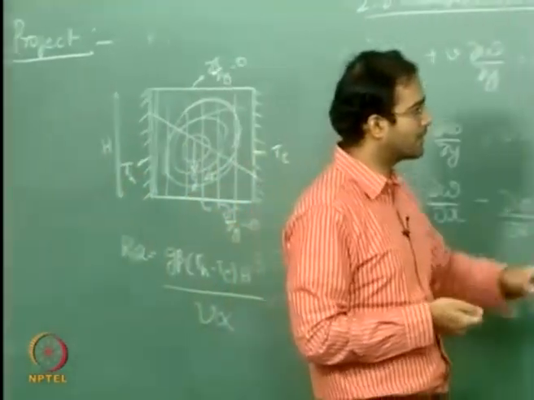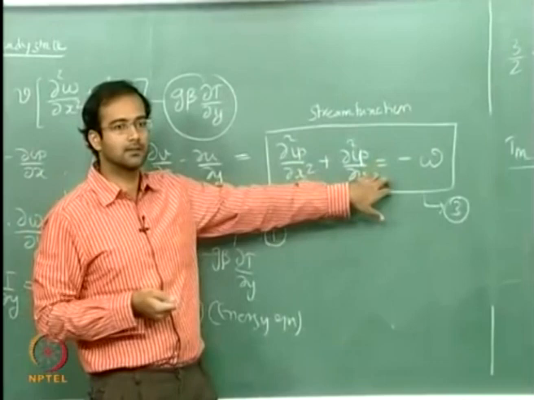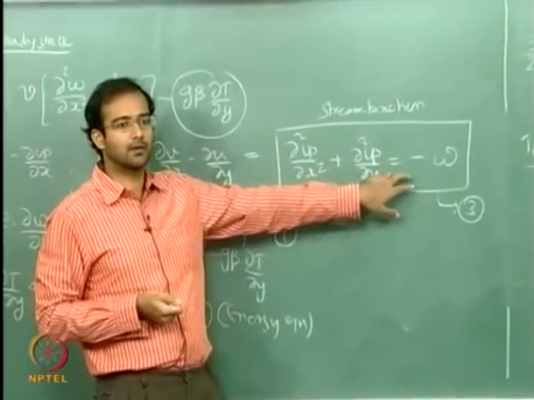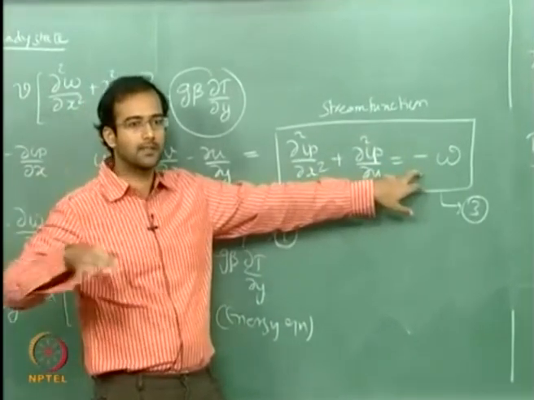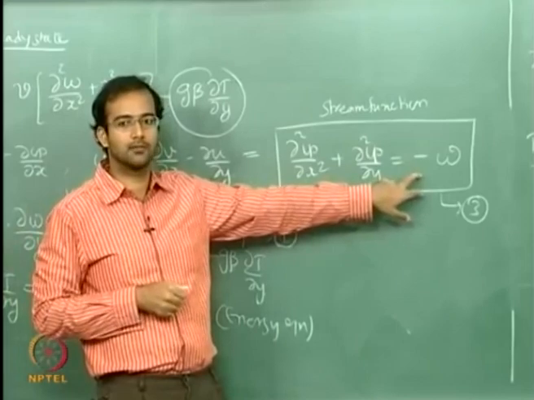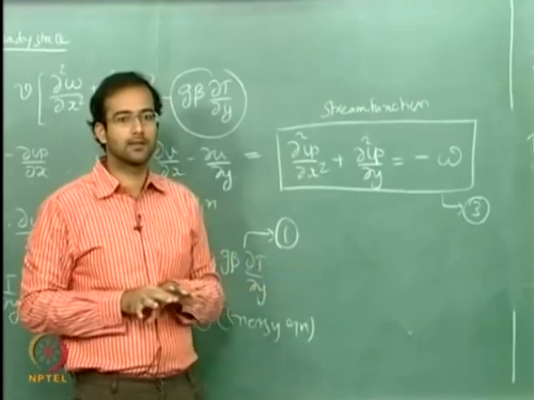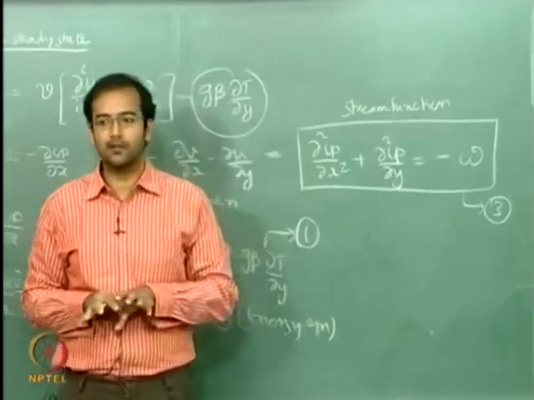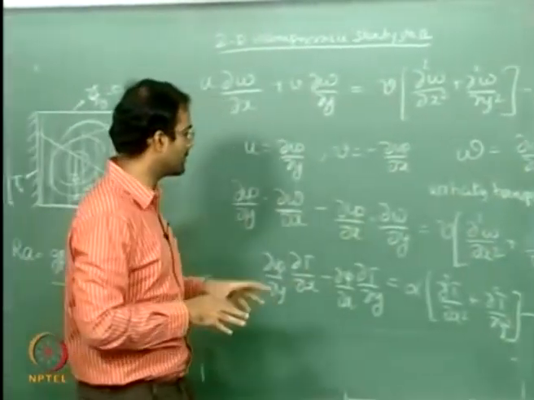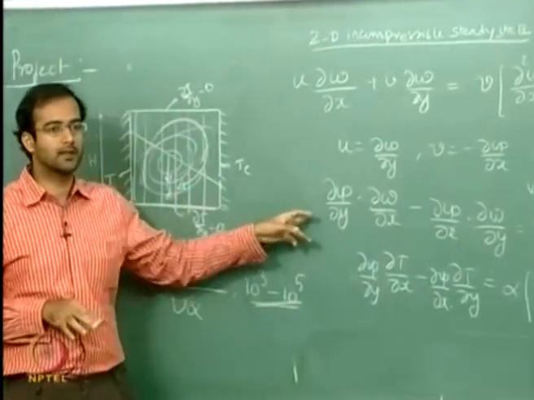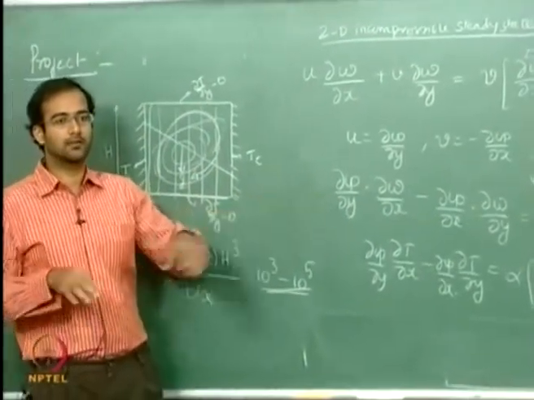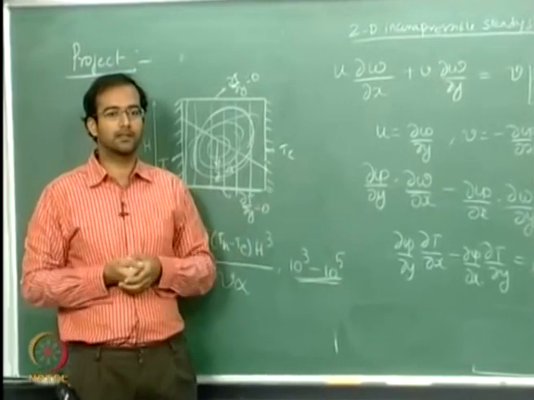So first you start with the solution to the stream function equation, where you guess a value for the vorticity field to begin with, that is the initial guess value. You solve this and get the field for the stream function. Once you have the stream function field, you come to your vorticity equation and make use of that field, the iterated value for the stream function.